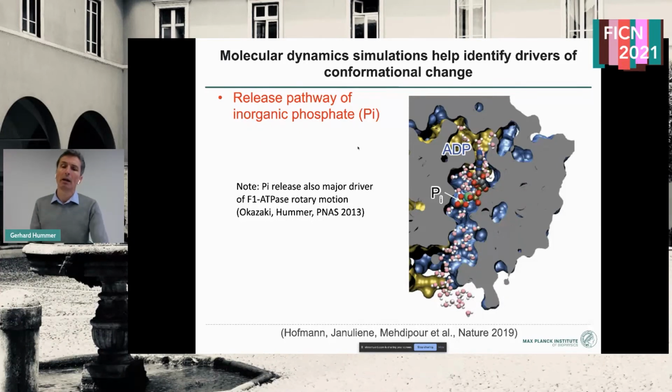I just want to highlight a few things where simulations could contribute. One of them was to look at what powers the conformational change. And here what we found, both experimentally and computationally, was that phosphate release very likely is an important player driving the conformational change. In this picture, you can see the presumed exit path, or one of the two exit paths, for phosphate release.